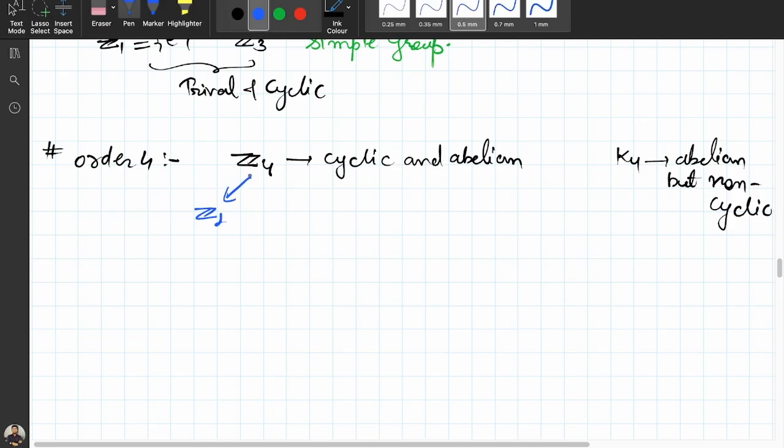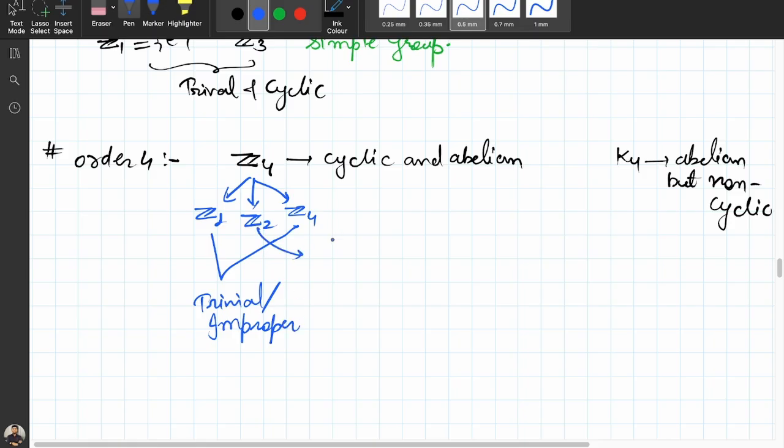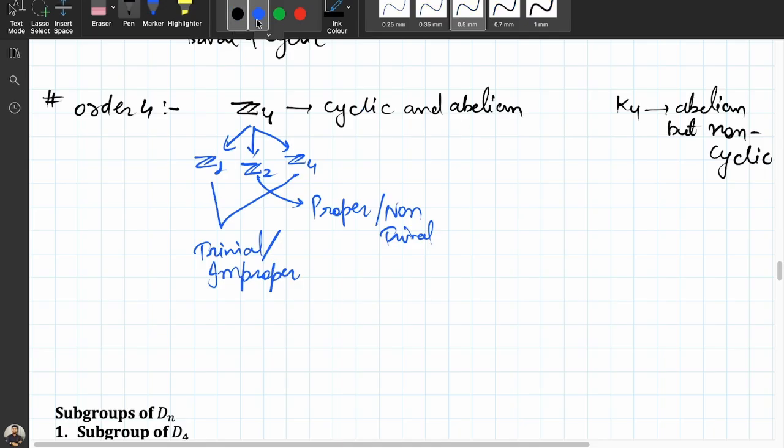That is Z1, Z2 and Z4. These two, Z1 and Z4, are trivial, or we can say improper, but Z2 is proper, or we can say non-trivial.